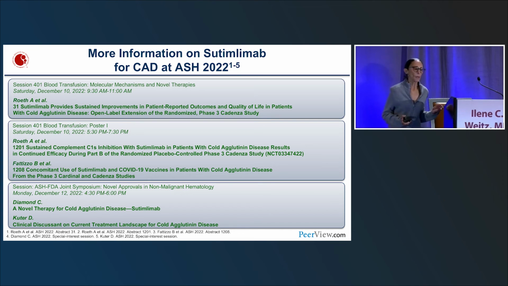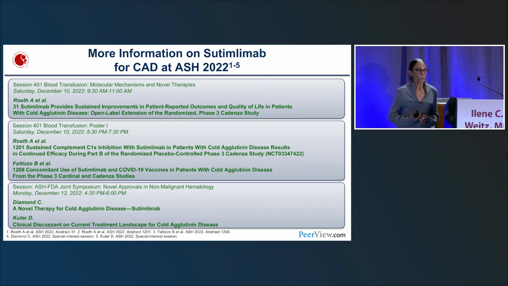And here are some of the abstracts that you might want to check out. Improvement in the patient-reported outcomes in the extension trial, and also the Part B of the Cadenza trial, and the concomitant use of sutimlimab and COVID-19 vaccines in patients with cold agglutinin disease.